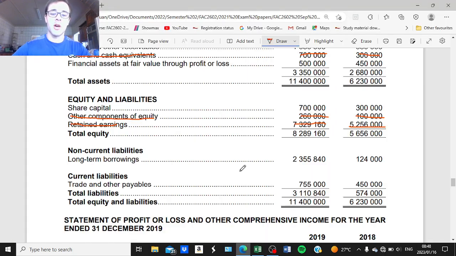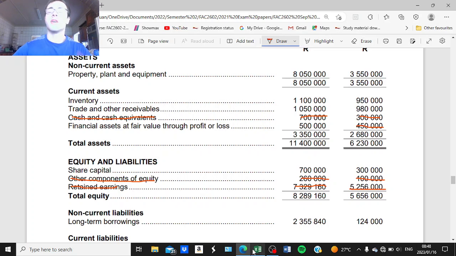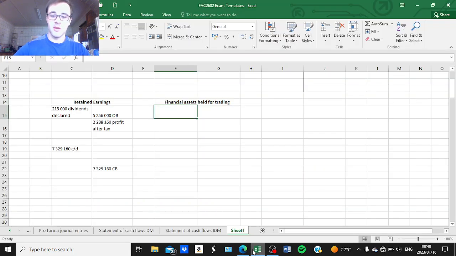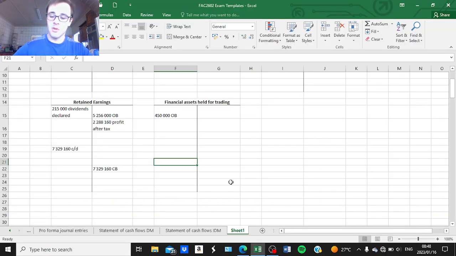Right, we start with the opening balance as reflected in the statement of financial position, 450,000. Here's the opening balance. The closing balance of financial assets at fair value through profit or loss is 500,000, which was carried over from the credit side in order to be reflected as a debit balance.